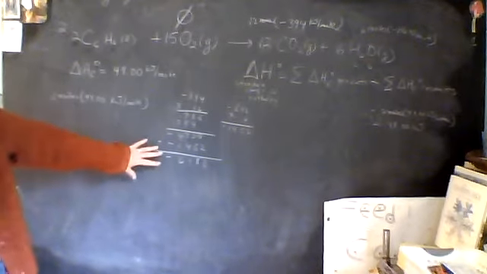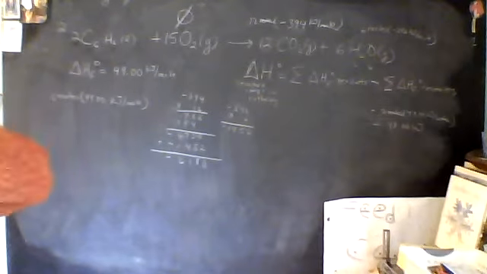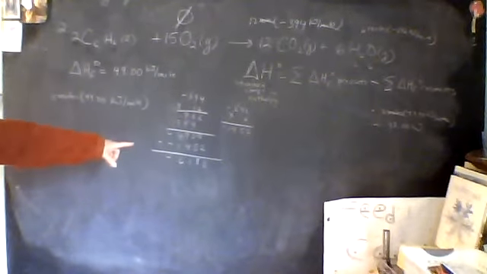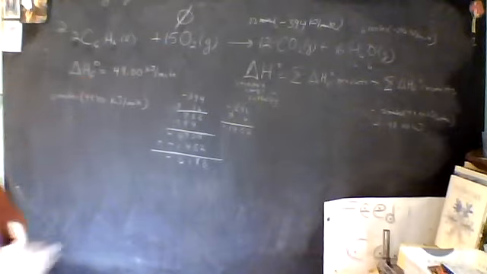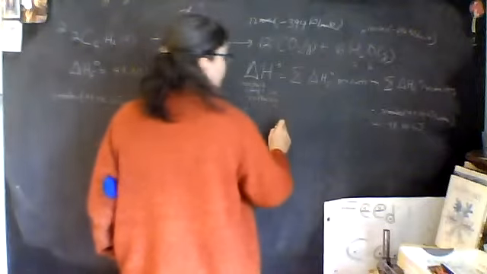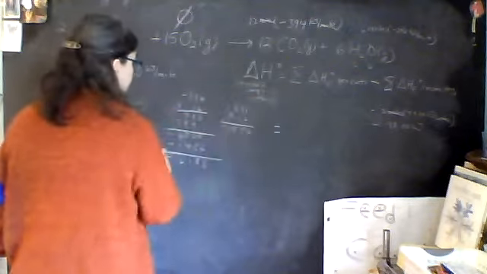I'm summing the products. I have to do a summation of the products. I got negative 6,278. Well, you didn't stop where I did. I'm not done. I'm setting up my equation here. So first I'm making a summation of the products. What's the summation of the products? It's this.